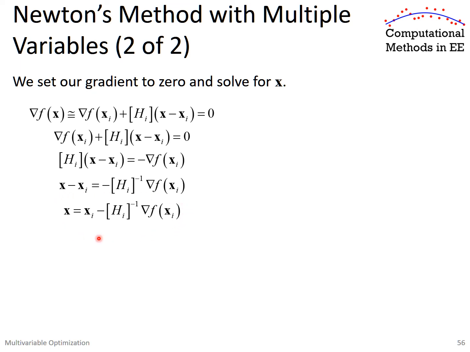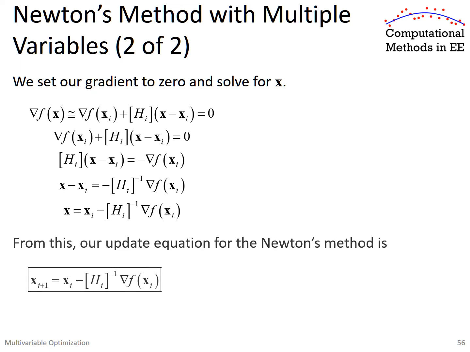And this gives us this small little update equation. So given a previous guess xi, we can calculate a new guess as to where the extrema would be. We're moving in the direction of the gradient. Since we're in multiple dimensions now, we're using the Hessian, the inverse of the Hessian actually. So there's our final update equation for Newton's method for multiple variables.